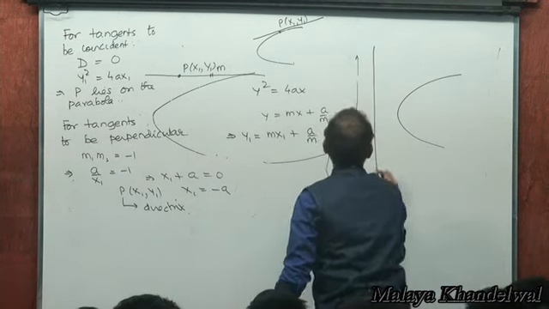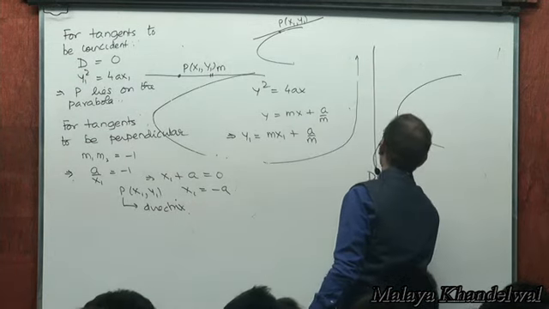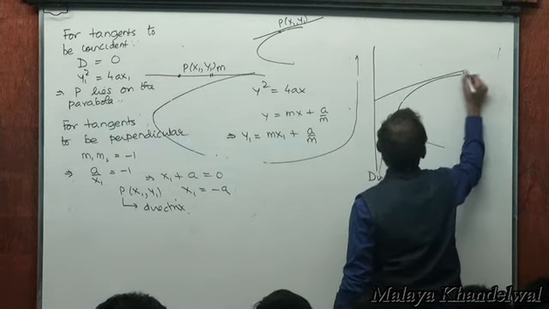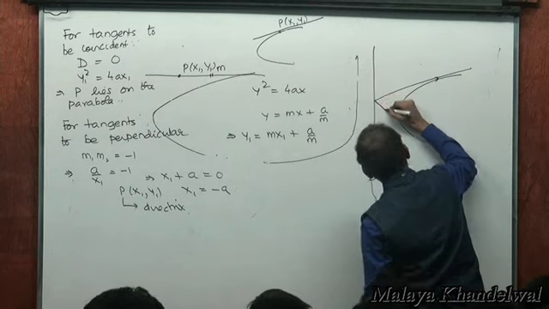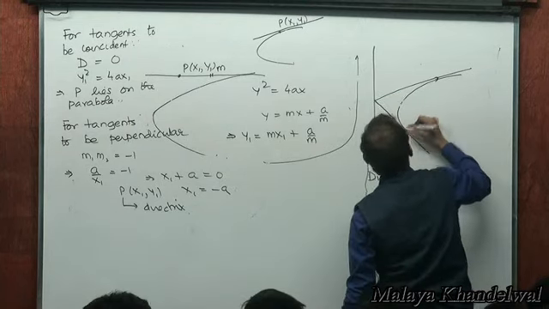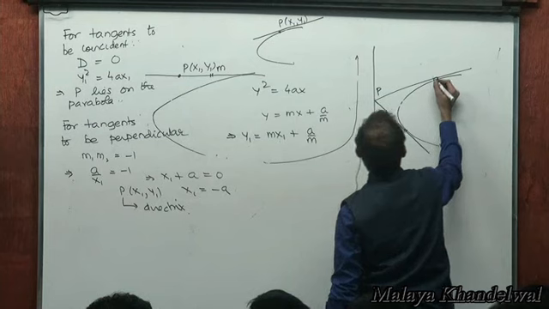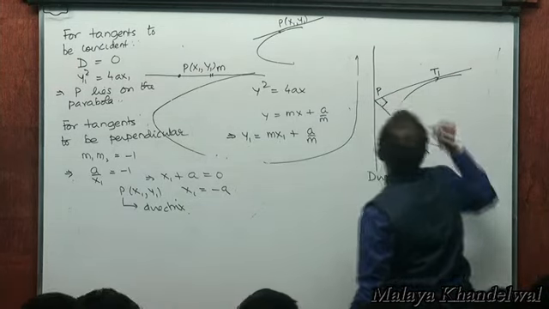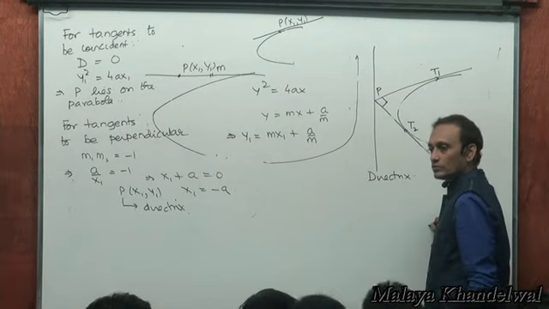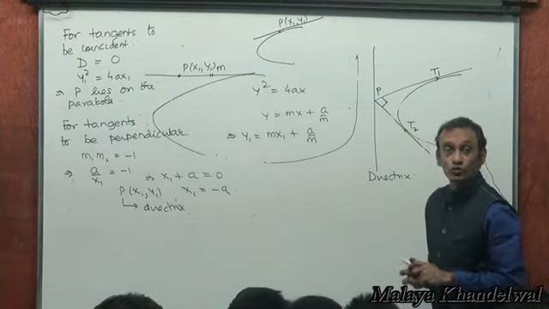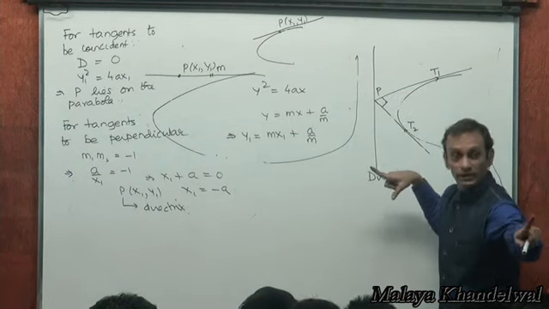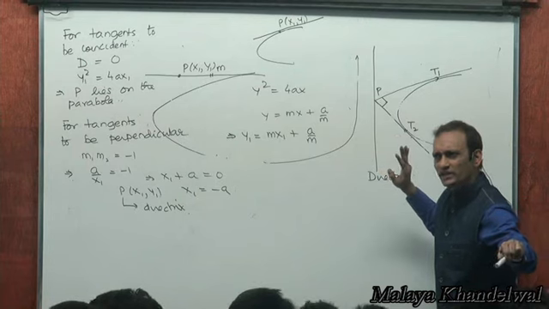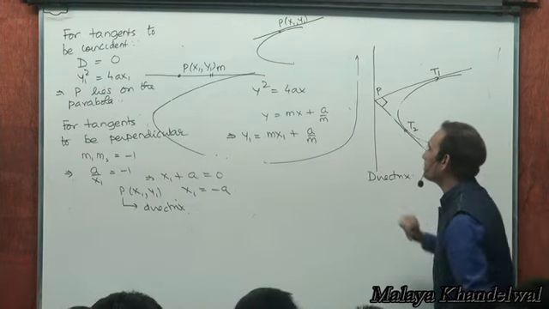So if you took any point on the directrix, the two tangents drawn to the parabola would necessarily be perpendicular. From any point P on the directrix, the two tangents PT1, PT2 must be perpendicular to each other. Is it confusing? No? You are all registering everything that I am communicating, right?